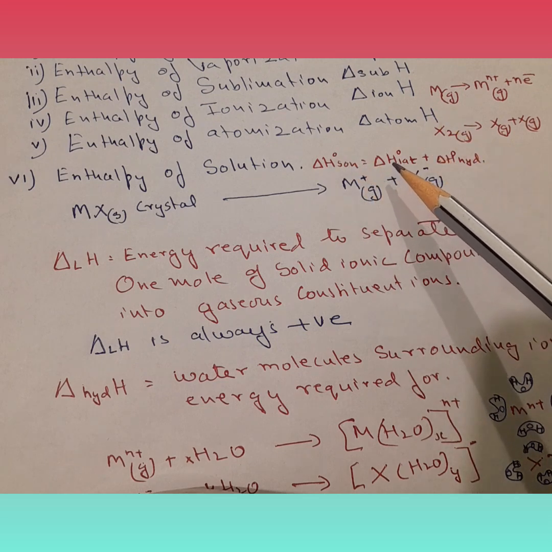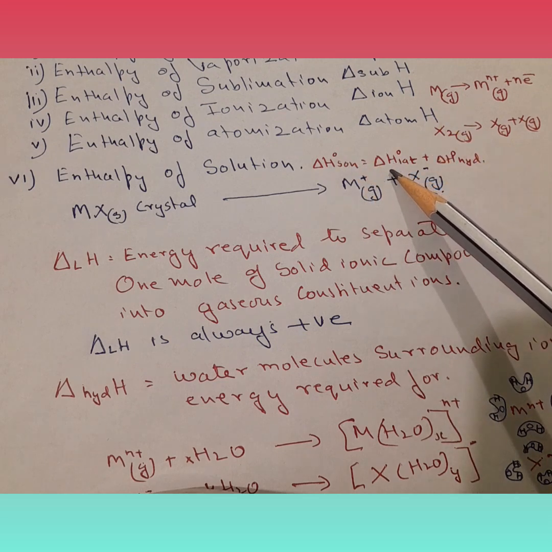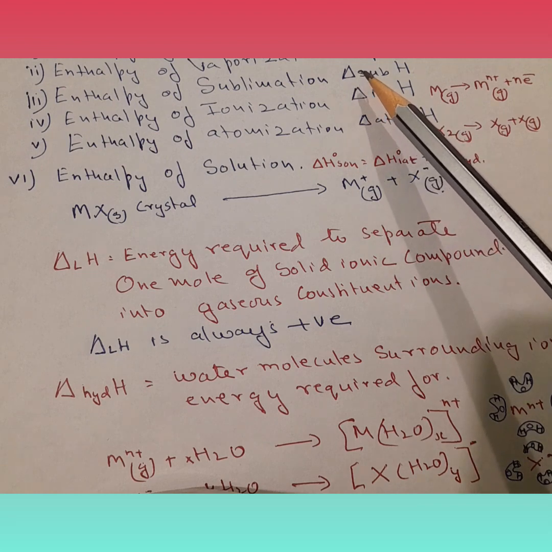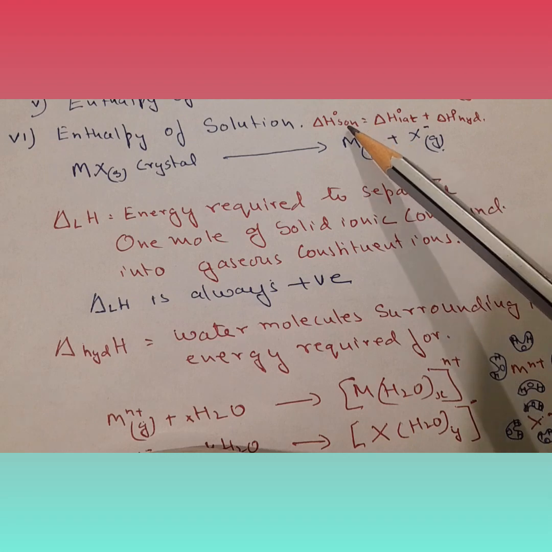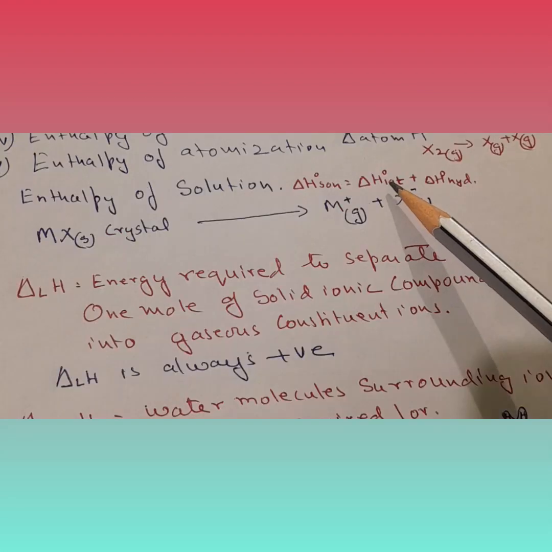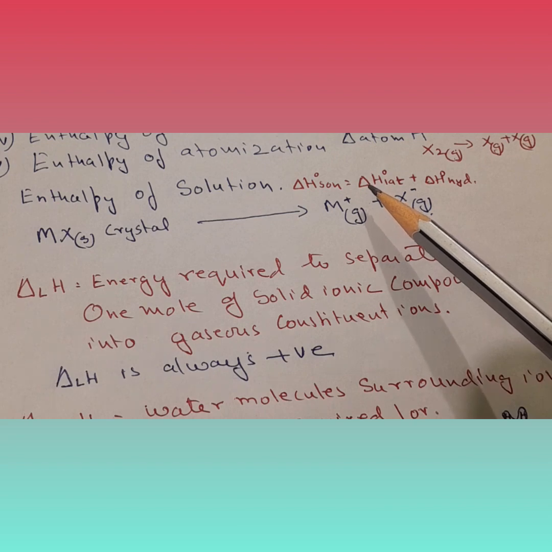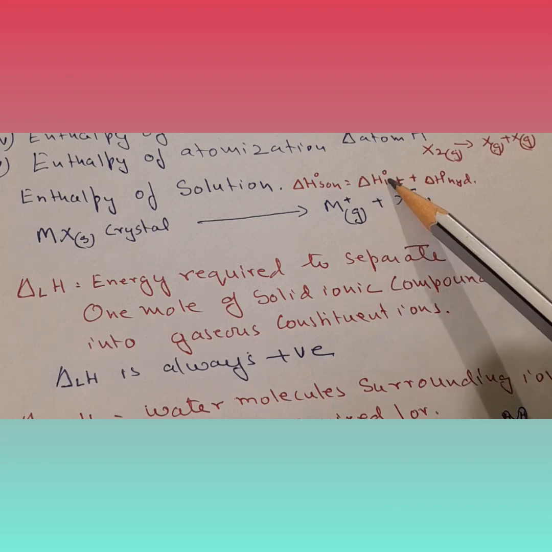Now there are two processes occurring here, as we saw in case of sublimation, where two processes occur. Here, the first is the lattice energy. Imagine a sodium chloride crystal put in water. What happens? The shape of the crystal is dissolved, and at the same time it also gets converted into ionic form. Alright, so that's the first process.